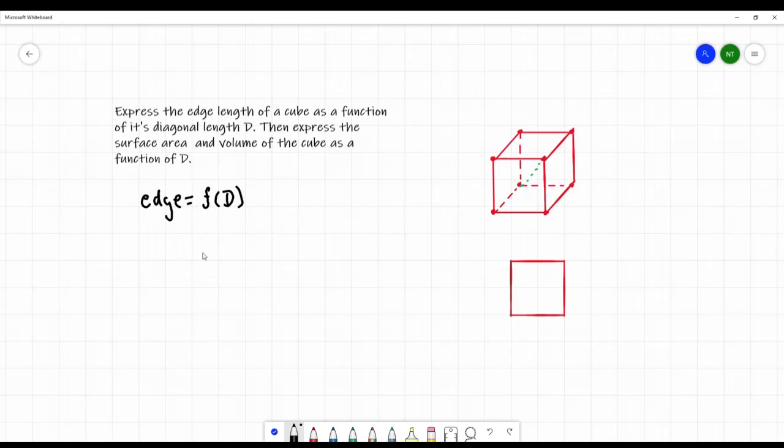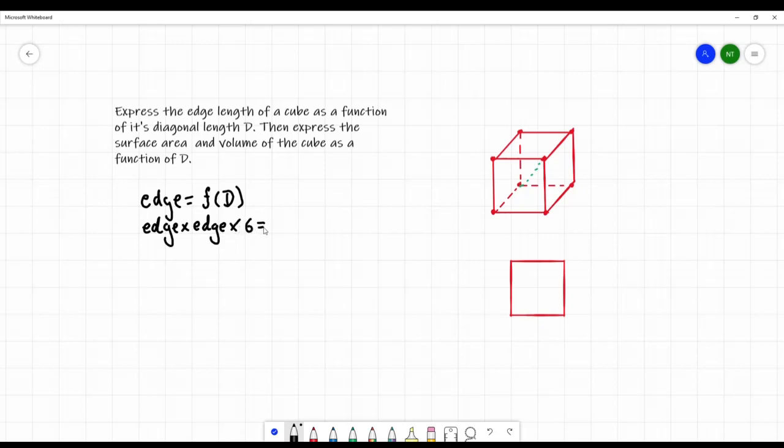The surface area is basically the area of the base times 6, because there's 6 sides to the cube. So the area of the base is edge times edge, which is going to give me the area of the base, times the 6 sides.